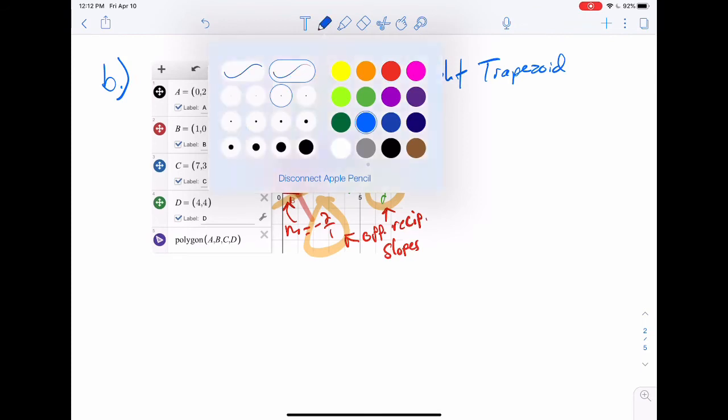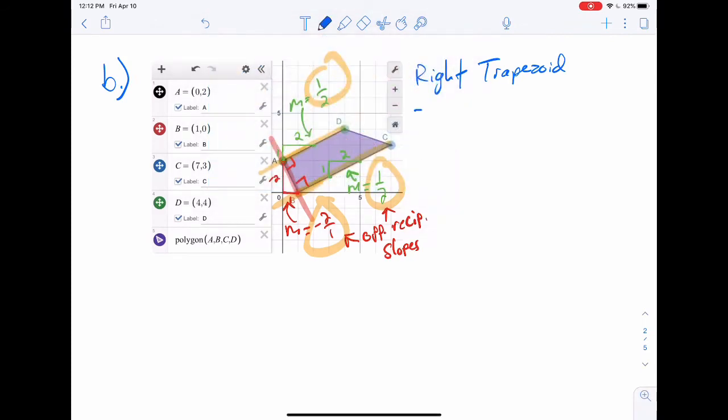Why? Because it has a pair of opposite parallel sides. Slopes are equal.